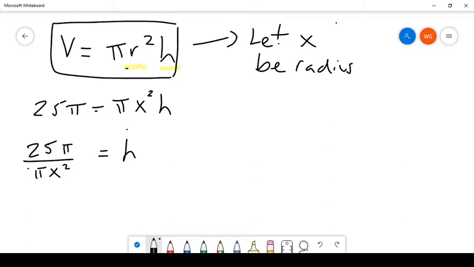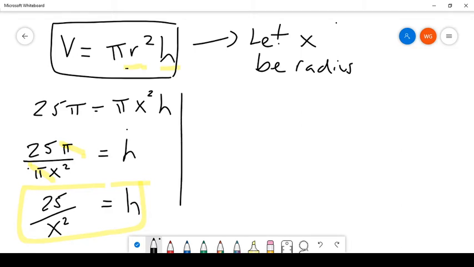Now, height is defined in terms of x, which is a single variable, and we'll take that one step further, and we will say that we can cross out our pi's, and we will have height is equal to 25 over x squared. Okay, that leaves us with something we can work with now.